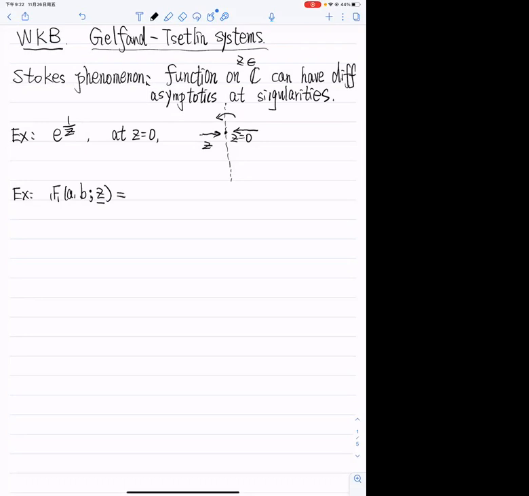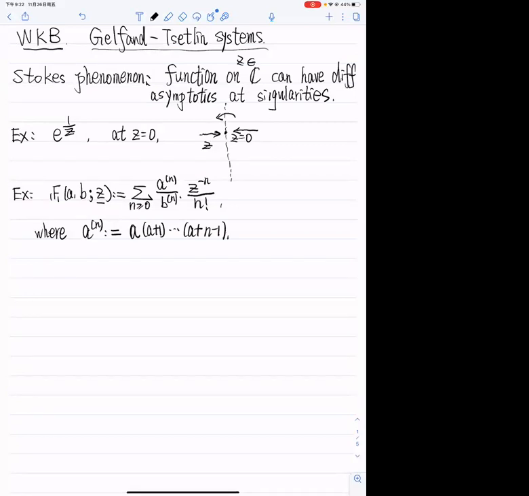It's defined by a power series, taking the form (a)_n over (b)_n times z to the power of minus n divided by n factorial, where n takes the summation from 0 to infinity. Here I should tell you that (a)_n by convention is the product of a, a plus 1, up to a plus n minus 1, and similarly for (b)_n.